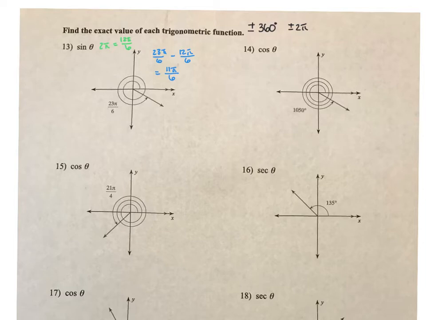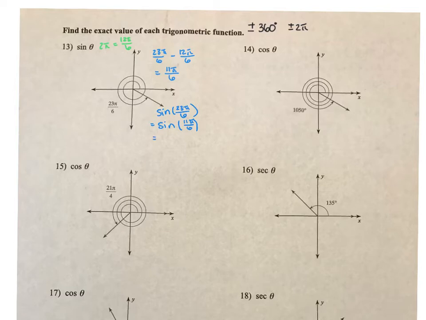So when I plug this into the problem, I can say that, hey, sine of 23 pi over 6, well, that's going to be the same thing as sine of 11 pi over 6. So I ask myself, okay, sine of 11 pi over 6, what is the y value at 11 pi over 6?